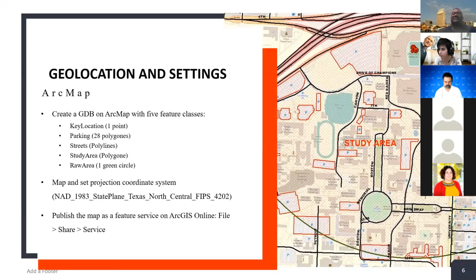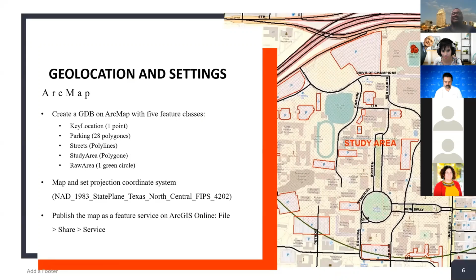And to do my map, I used an OpenStreetMap base map, since that base map is more updated and precise with the parking areas than the other base maps. So I used that base map, and that's how I created my feature classes.